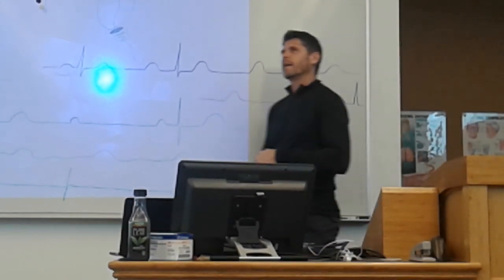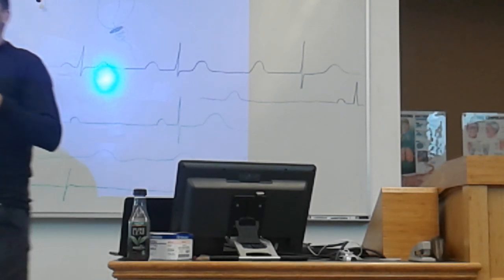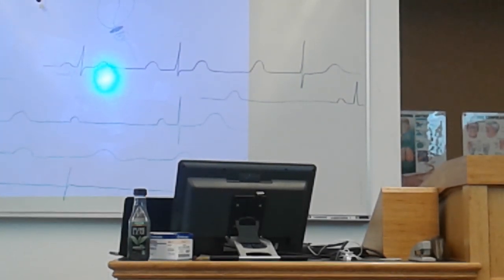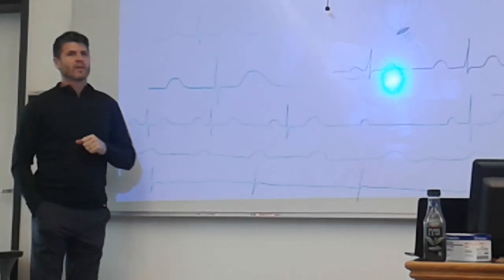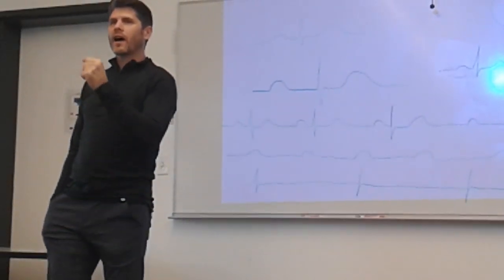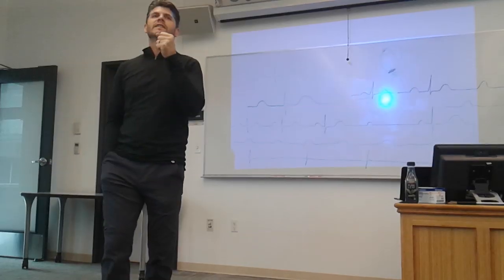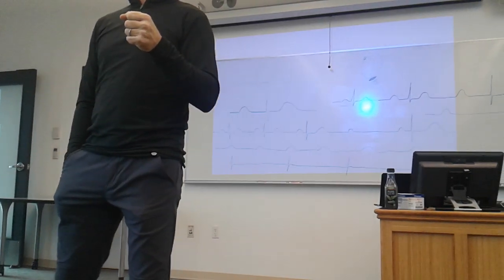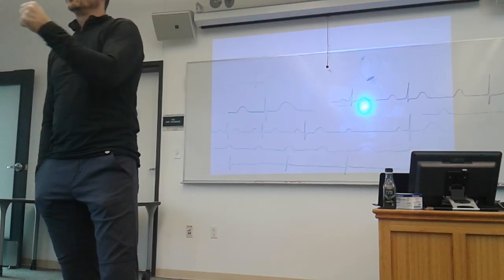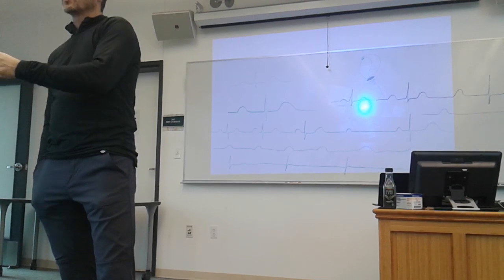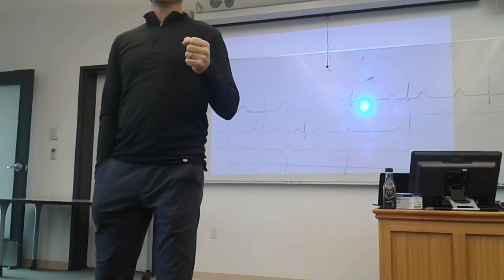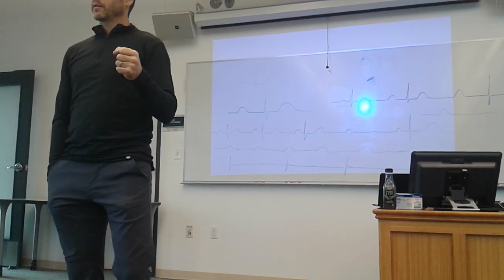I want you to draw two more rhythms. I want you to draw this rhythm first: the rhythm where you have a complete disruption of the AV node. You have a normal sinus rhythm with a complete disruption of the AV node. I already asked you to draw that once, right?